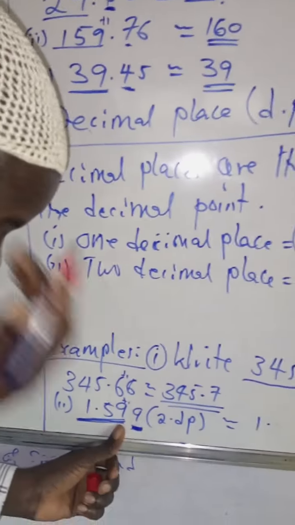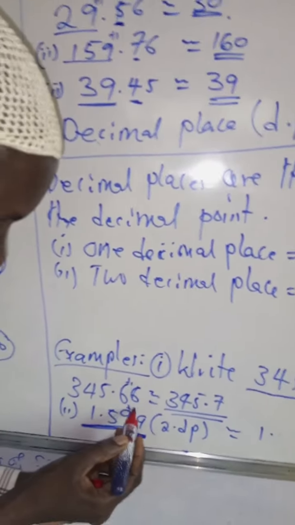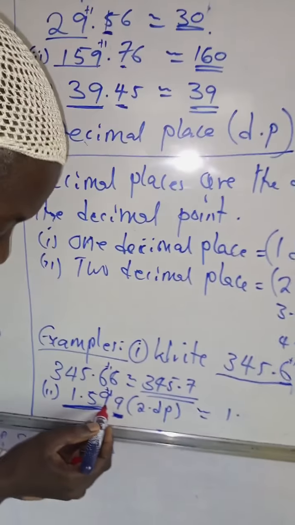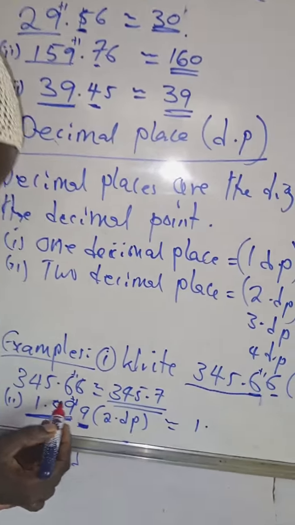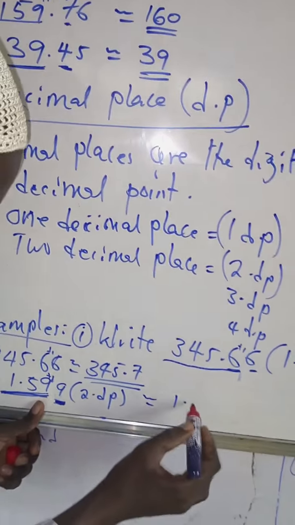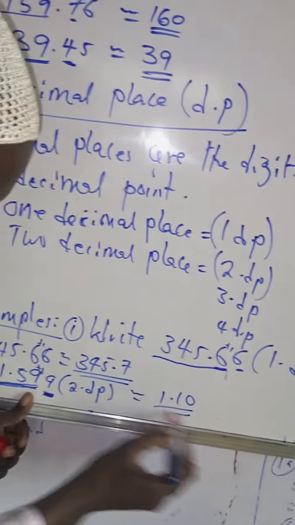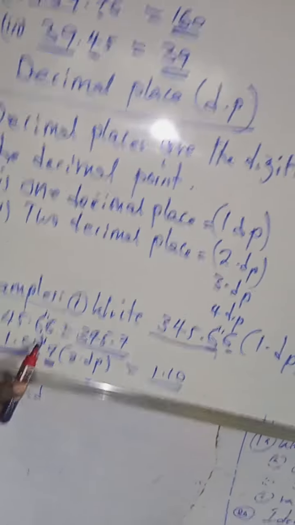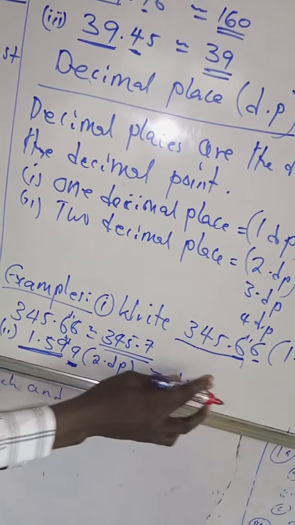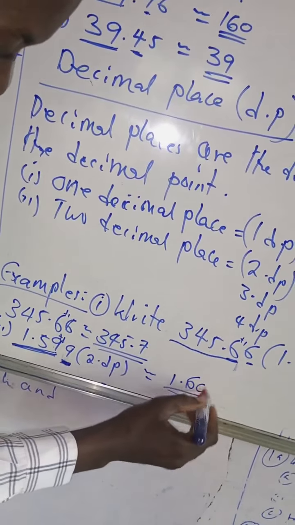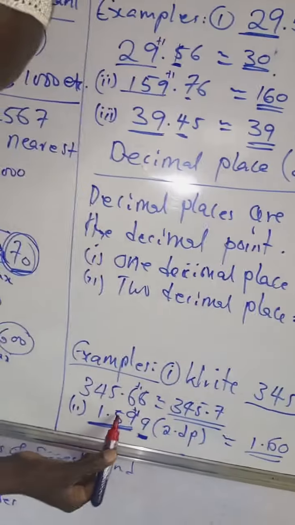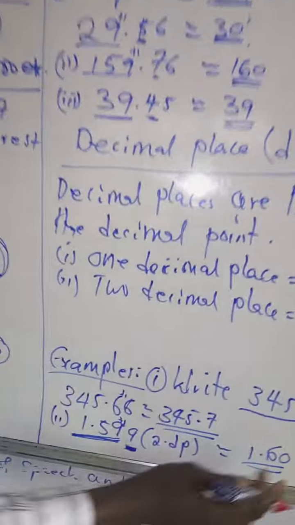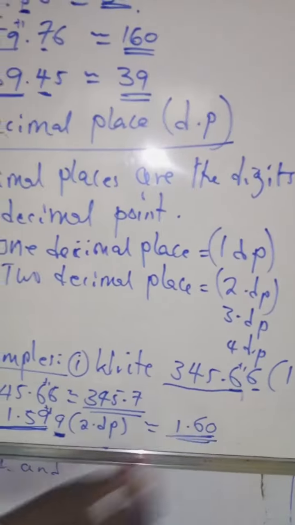If it is up to 5, I add 1 to this 9, and it will be 10. So when it is 10, the 1 will still come to this side. It will turn this 5 to 6, whereas this one will hold 0. So 6 0.